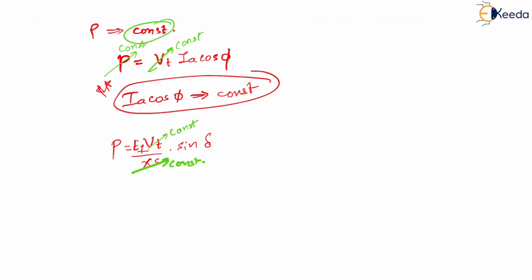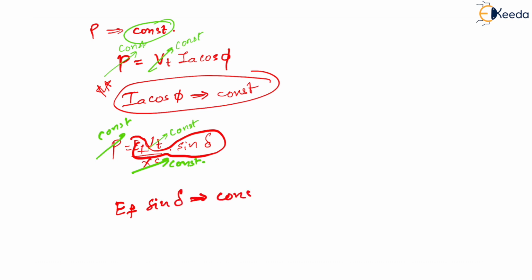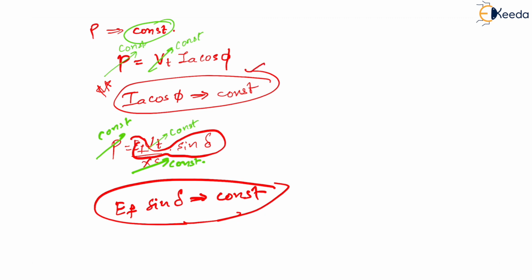Because it is decided by the machine, a machine constant. Next, if we keep this power constant, then it means that Ef sine delta has to be constant. So basically Ef sine delta has to be constant, and Ia cos phi has to be constant. These are the two quantities which have to be constant. Third thing, what is there?